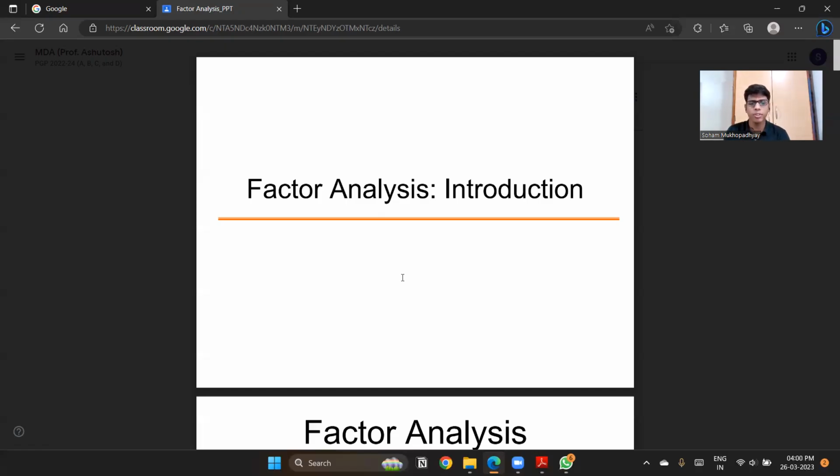Demographics will be a factor consisting of these individual variables, but demographics is not something that I will collect data on. That is why it's a latent variable. So all factors are called latent variables in that sense.